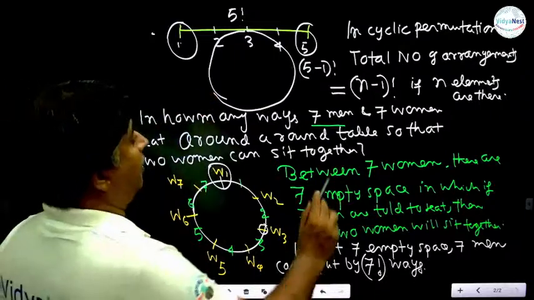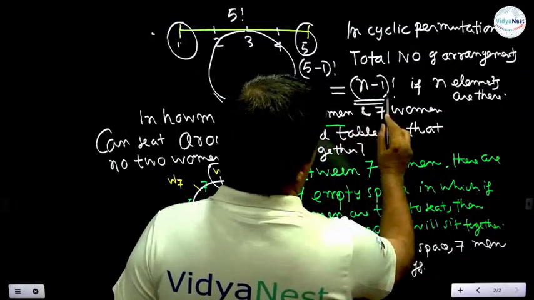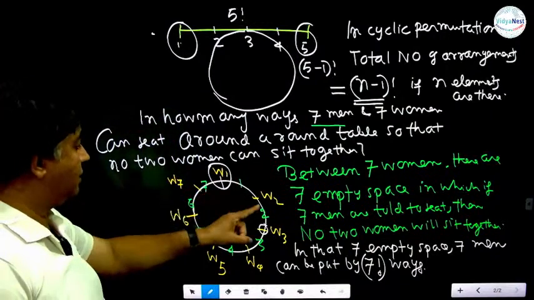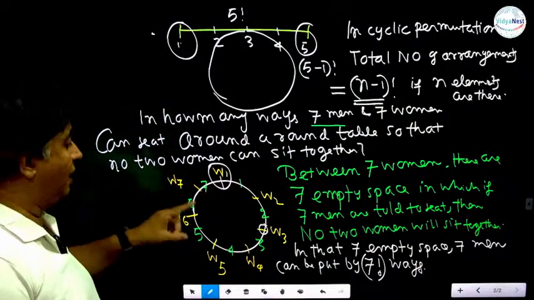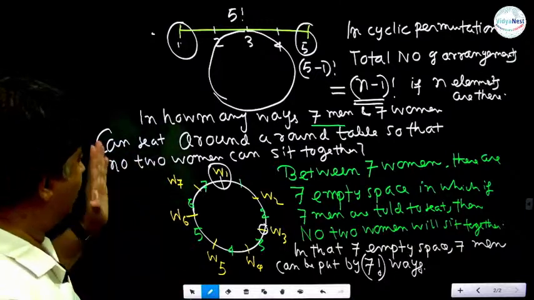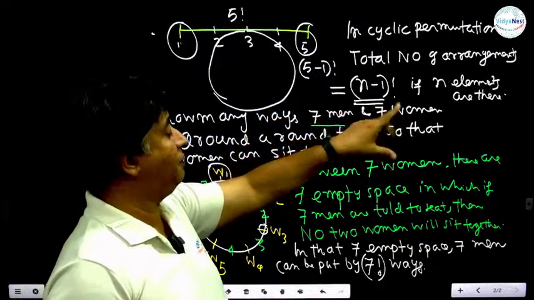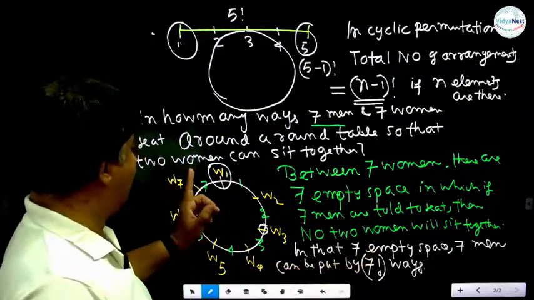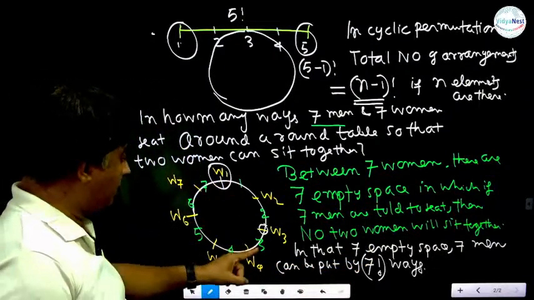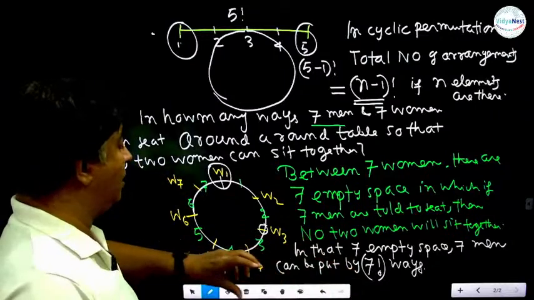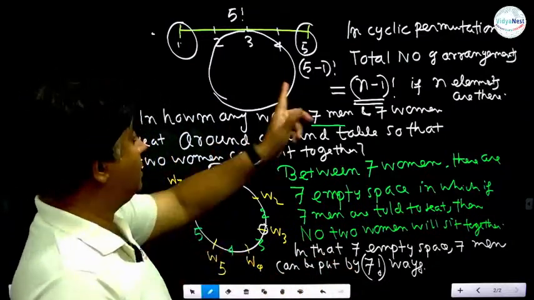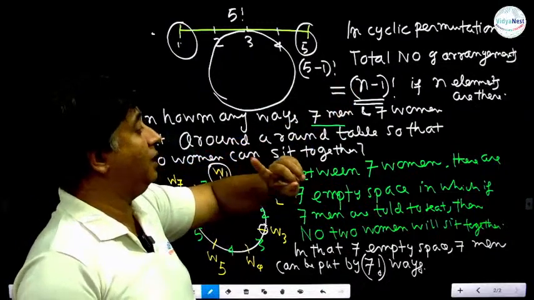Then it will follow cyclic permutation. Okay, 7 women can change their position in 7 minus 1 factorial ways. So these factorial 7 ways will repeat 7 minus 1 factorial times.